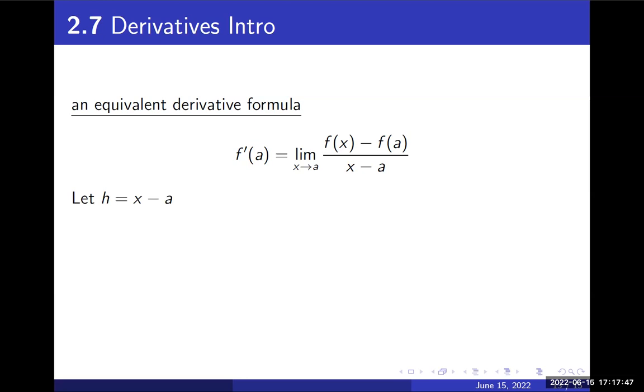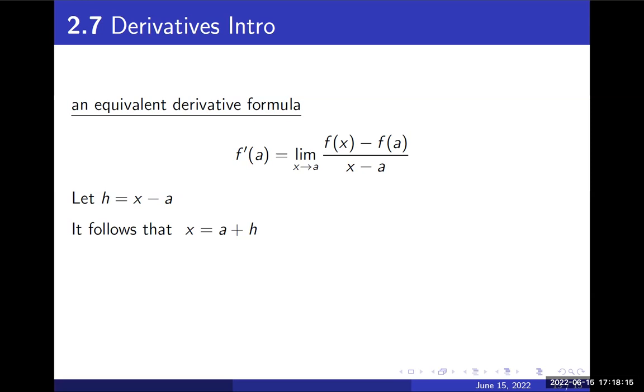We're going to let h equal x minus a. You notice that x minus a is our denominator. We're going to say that's now equal to h. What are the implications of letting h equal x minus a? Well, it would follow that x is equal to a plus h.